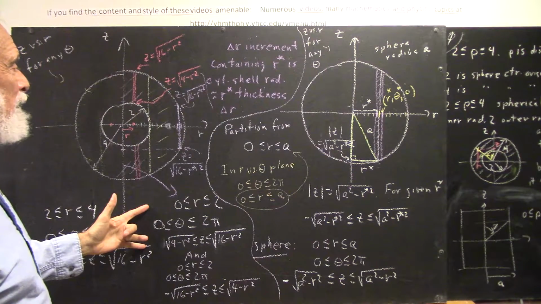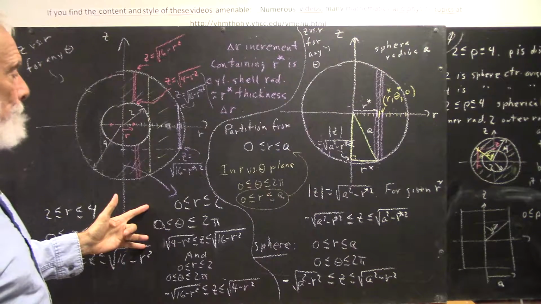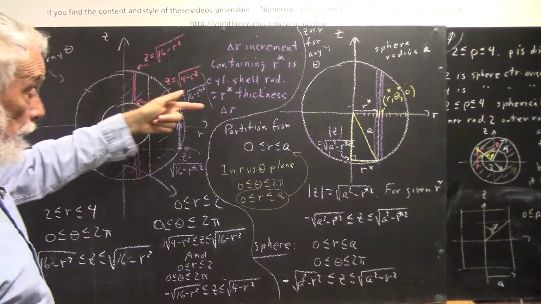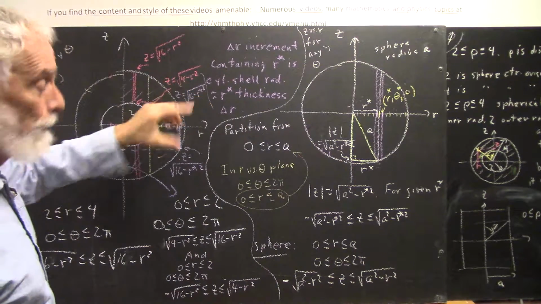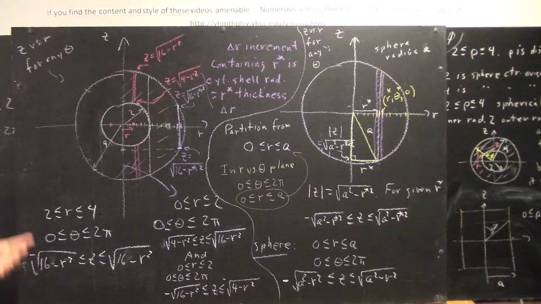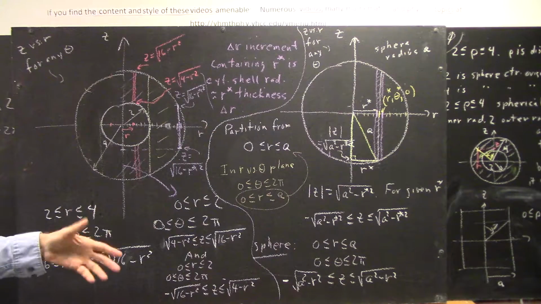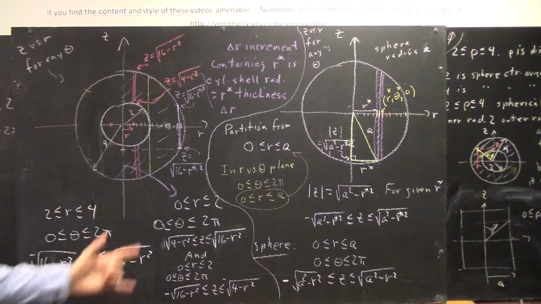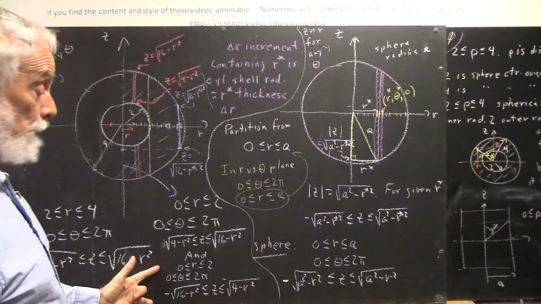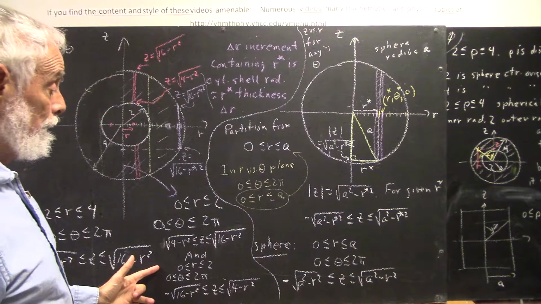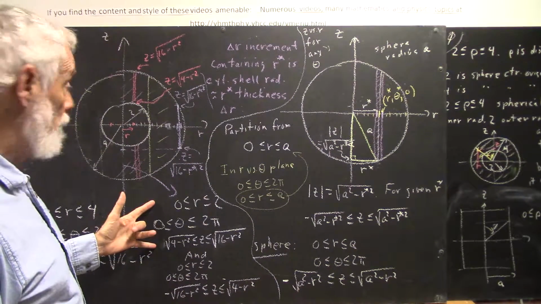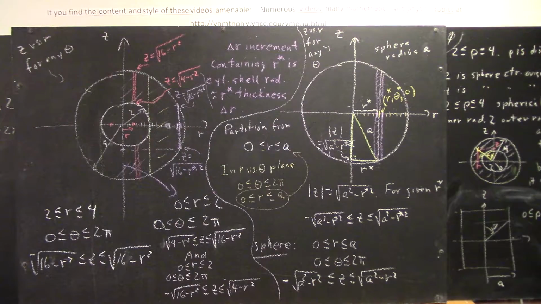If you wanted to find the moment of inertia, though, about a line parallel to the r theta plane but not in the r theta plane, then you would no longer have the symmetry and you wouldn't be able to do that. So you just have to make a careful judgment about your symmetry. If you're tempted to just do this part and double it, be sure that what you would get down here would in fact be equal to what you would get up here.